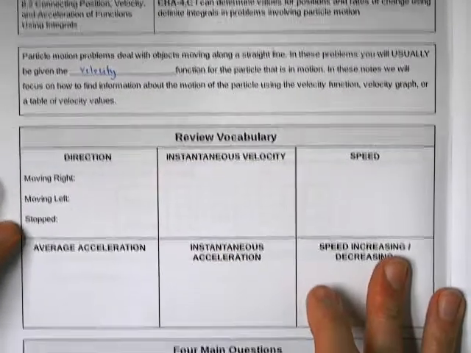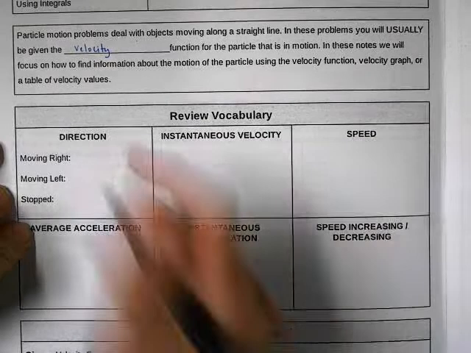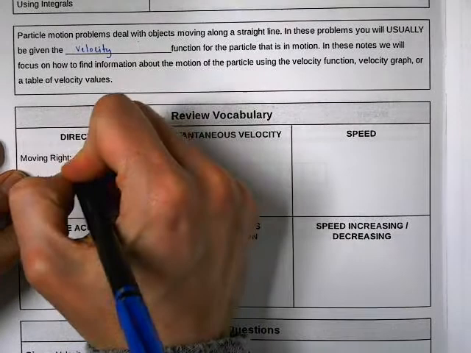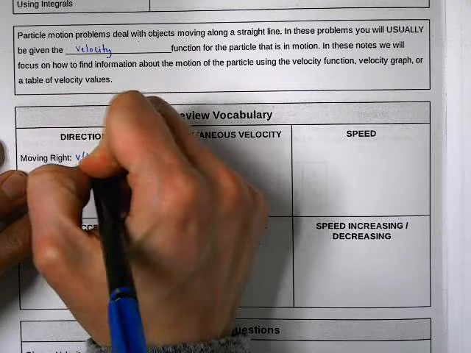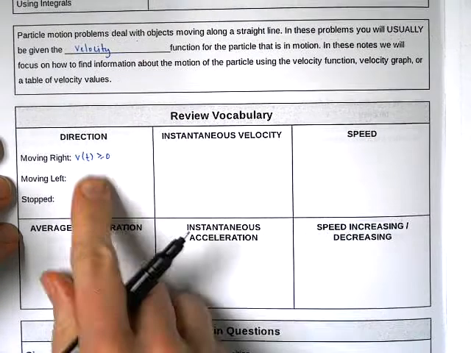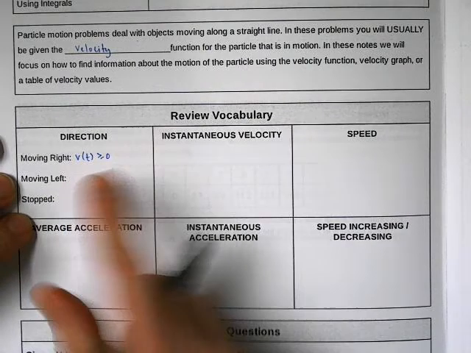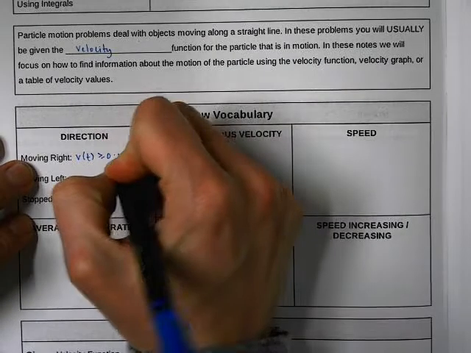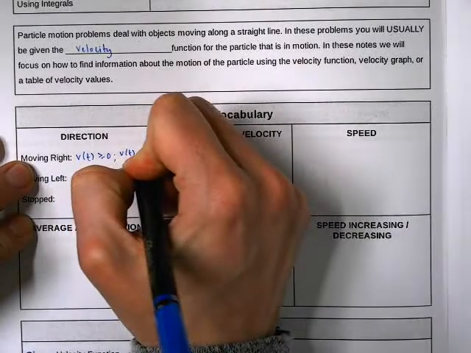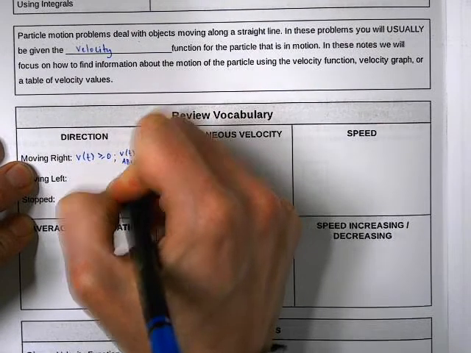So when we're talking about the direction the particle is moving, we're going to be looking at velocity. So we're moving right when our velocity is greater than or equal to 0. Now that's if we're analyzing the function. If we're analyzing the graph, we're going to look for where velocity is above the x-axis.